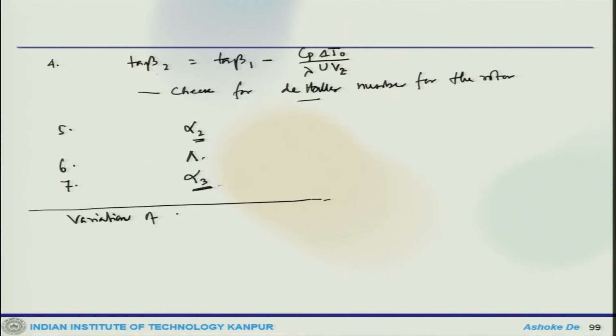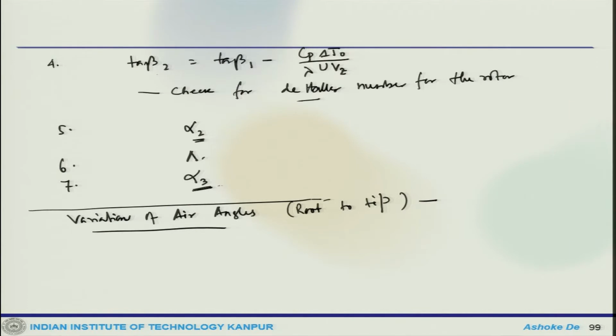So, we look at variations of air angles. That we have already seen, but this one is from root to tip, and this is based on the blading that we have decided.